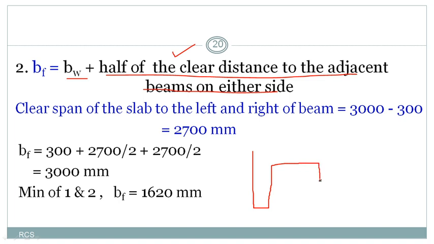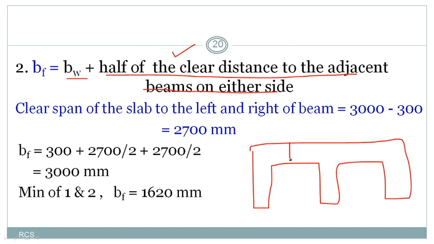This is your floor T-beam system, and this is your T-beam, and these end beams are L beams. This span length is L1 and this span is L2.